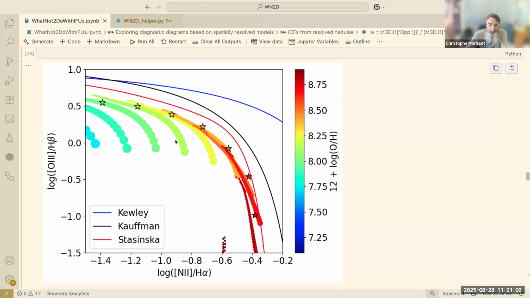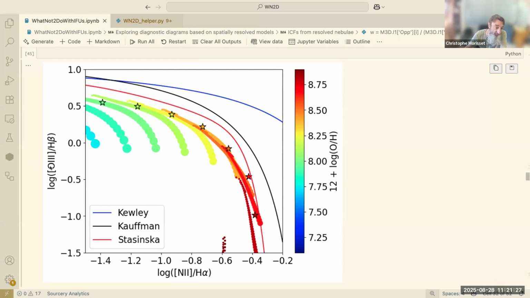In the upper or right part of the plot, we can find hot nebulae. I mean hot in the sense that what is plotted here is a ratio between mainly collisionally excited lines over mainly recombination lines in both cases.